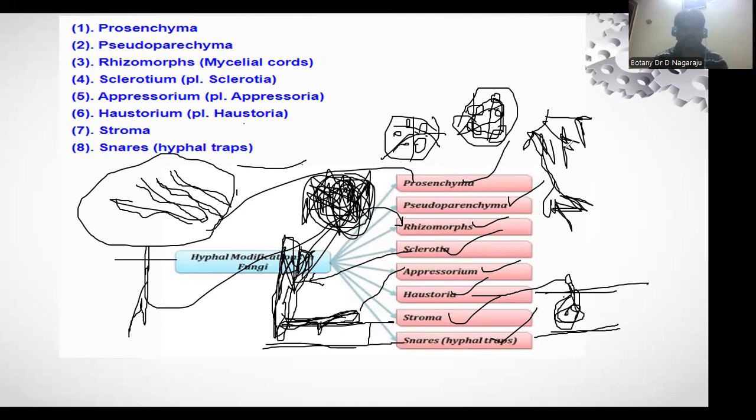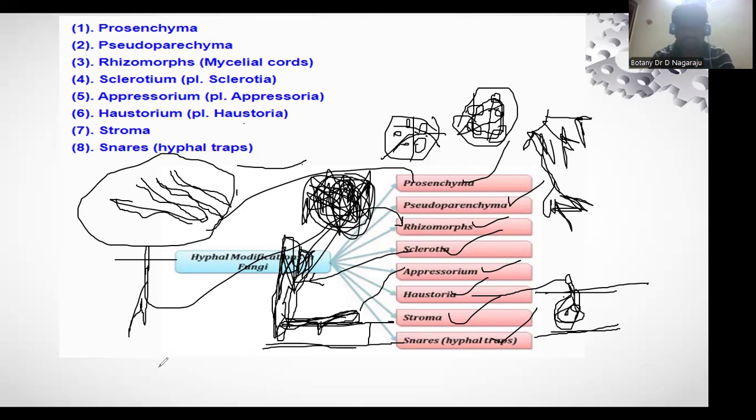That you should remember, in the complete exam, in all the questions: haustoria are present in parasitic fungi, not in saprophytes, not in symbionts, not in necrotrophs. Based upon nutrition, fungi are divided into four types: saprophyte, parasite, symbiont, necrotroph.